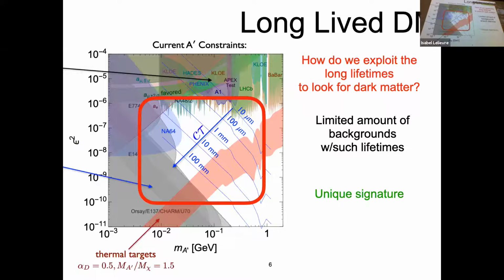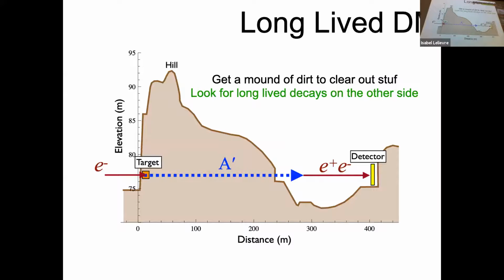Okay. All right. So now we can also go and probe the lifetime frontier in other ways by just looking for long-lived decays of dark photons. And there are a few experiments that do this. And in fact, the experiments that first started to do this were in the 80s. So here's the first one, or the one that everybody likes.